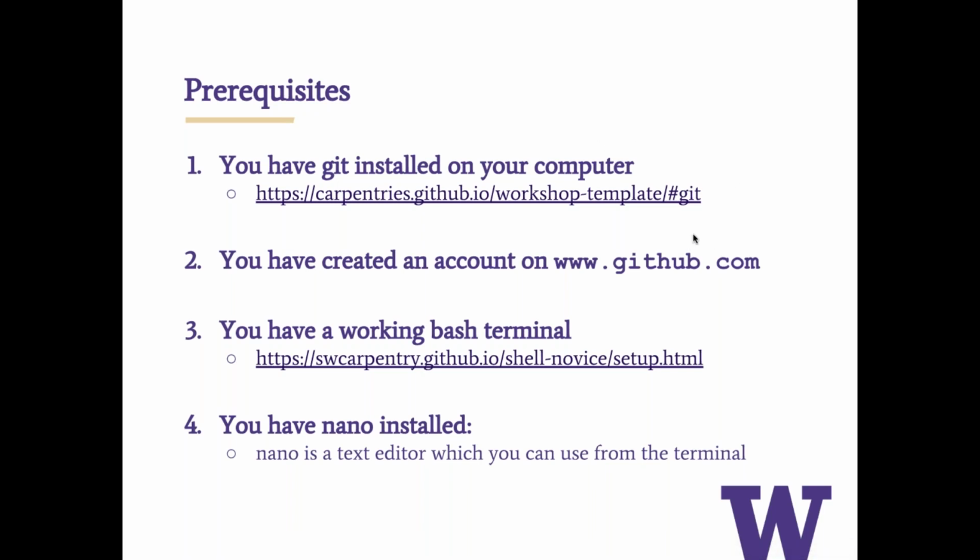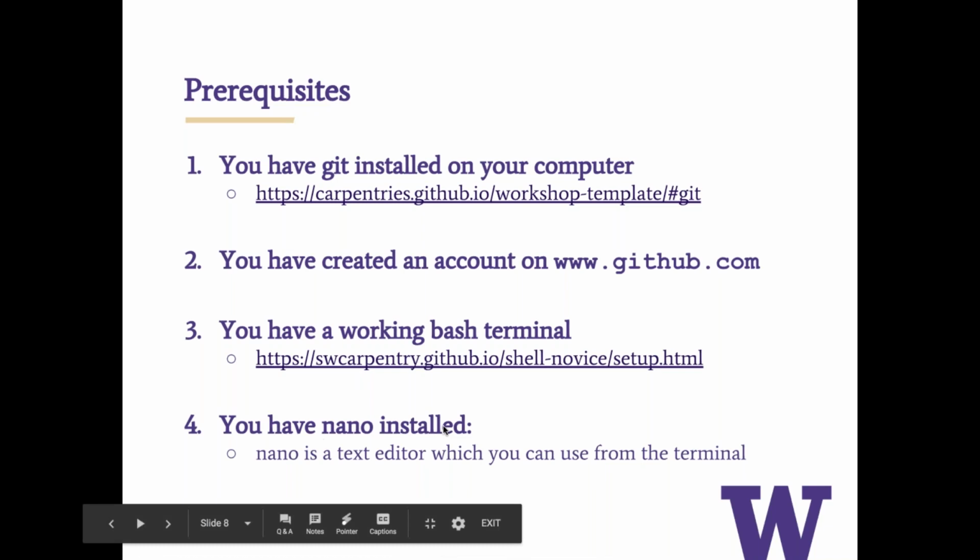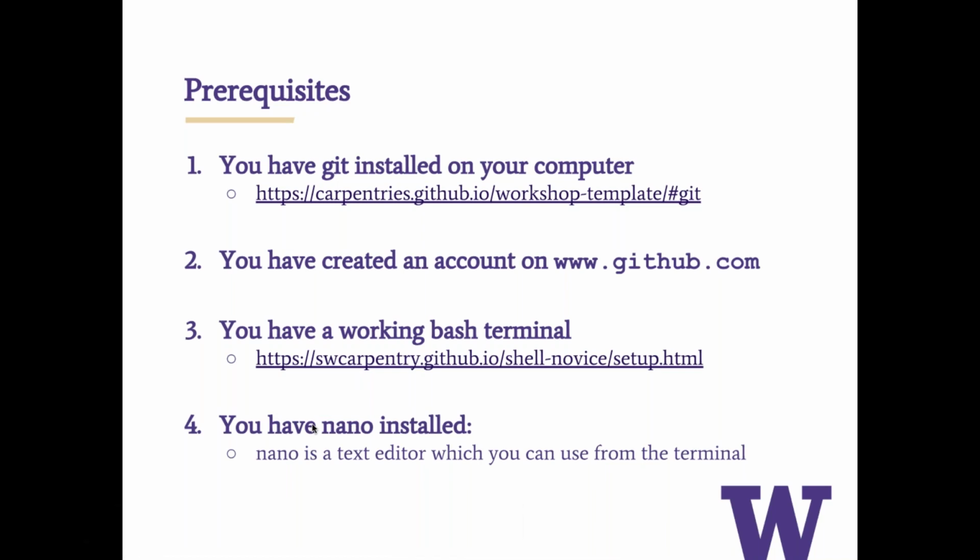In general, you need an installation of Git. You need to make an account on www.github.com. And usually you need to have a working terminal and some text editor. I'm using Nano, and you'll see how it looks from the terminal. But you can use a different editor if you don't like it.